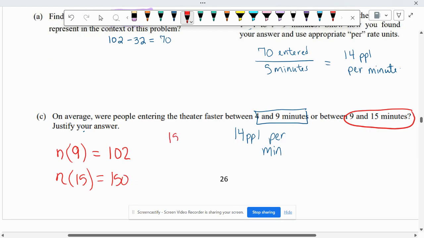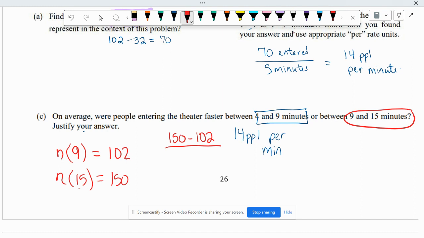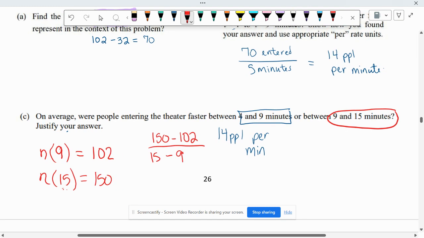Y2, 150, minus Y1, 102, over X2, 15, minus X1, 9. So let's see, 150 minus 102 is 48. 15 minus 9 is 6, and what does 48 over 6 reduce to? 8.